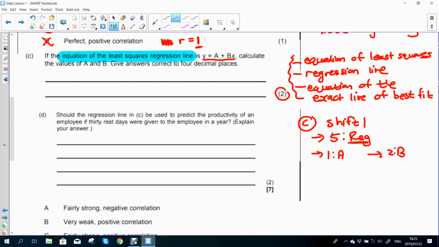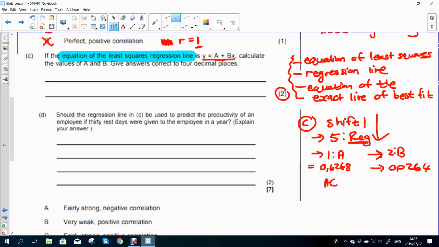But you'll have to do all of it again. So if you press A and you press equal, you will get an answer of 0.6268. And then you have to press the AC button, and then you have to do all of it again. Then you press number 2 for your B, and you get 0.0264.